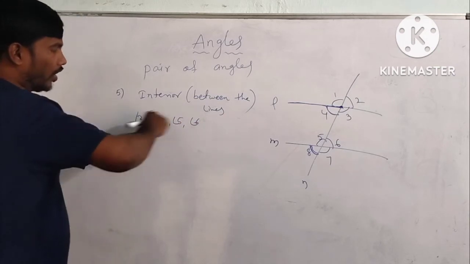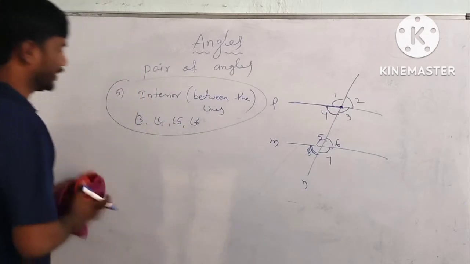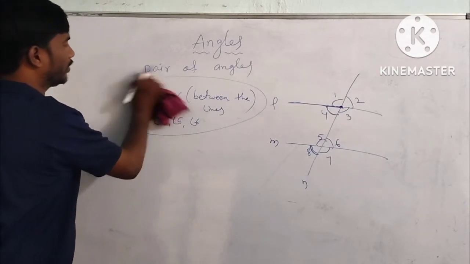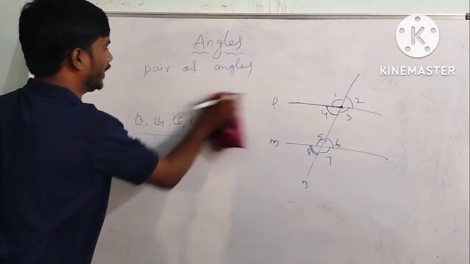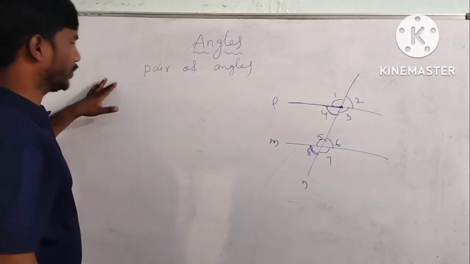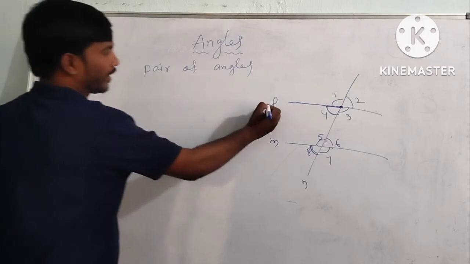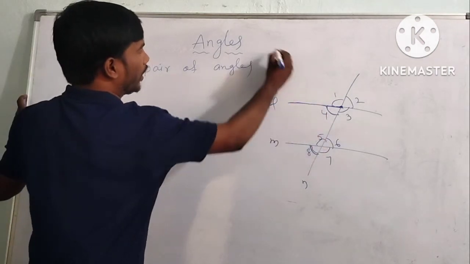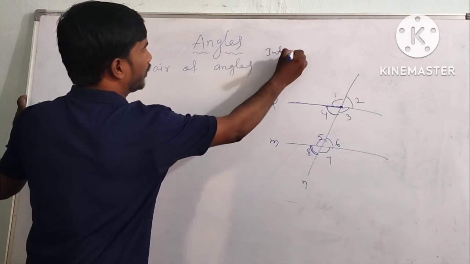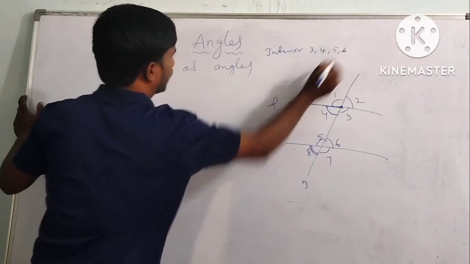These are not pairs of angles. Just interior, exterior. We don't consider them as pairs of angles, but we need to know what those interior, inside angles are: 3, 4, 5, 6.